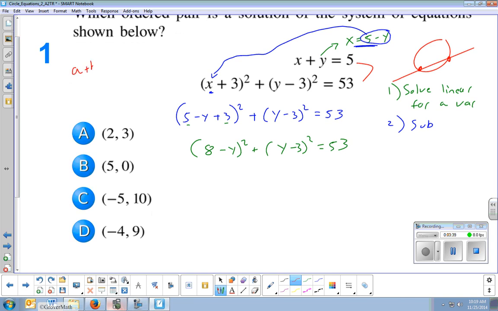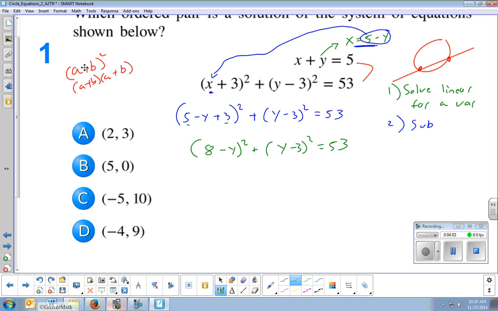It's the same as 8 minus y times 8 minus y. We have a shortcut that you can do in your head, but if you don't like to, you can certainly write it twice and do FOIL, combine the middle terms, and you'll get the same result.